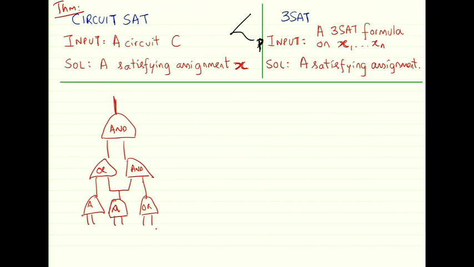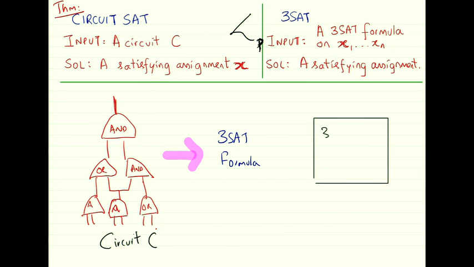So we have a circuit, which I've drawn here, and we want to somehow transform it into a Boolean formula, a 3-SAT formula, that we can feed to our mythical black box 3-SAT algorithm.